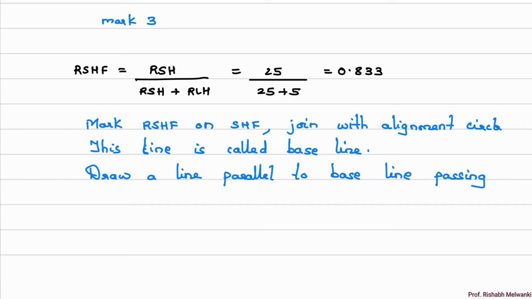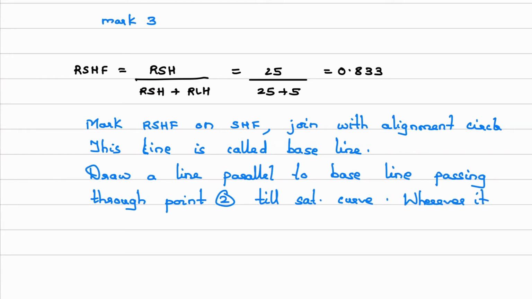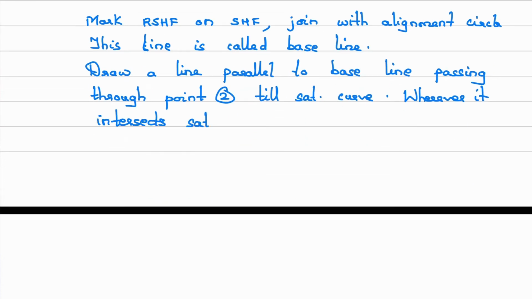What is point 2? Point 2 is the room design condition. Draw it till the saturation curve. Wherever it intersects the saturation curve, that is point R. And this line is called the RSHF line.